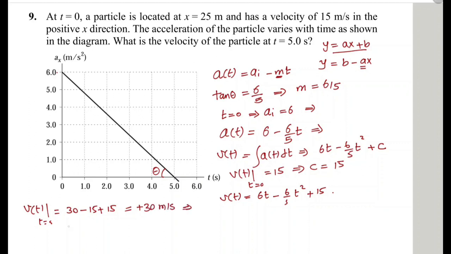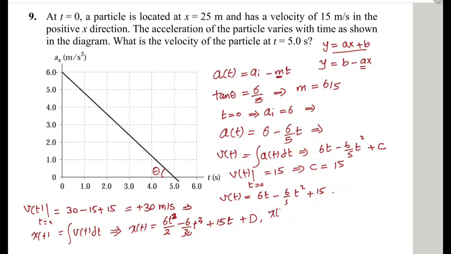Now, to find the position x of t, you integrate v of t dt, and x in this case is equal to 6t squared divided by 2 minus 6 over 5 times t cubed divided by 3, plus 15t, plus d.